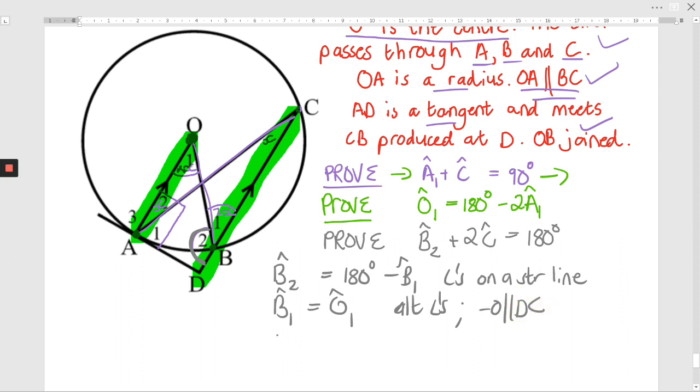Then I had O1. O1 was the same as 2C, which I'd proven with angle at center.